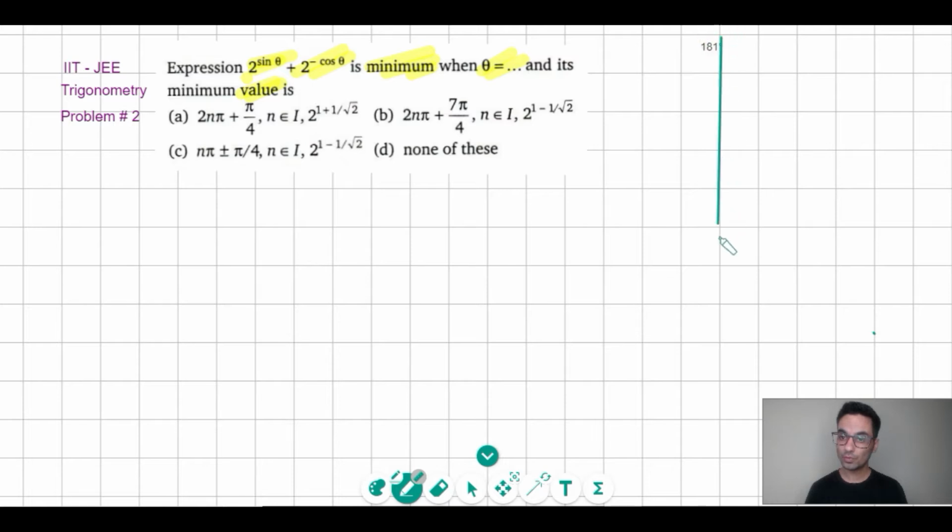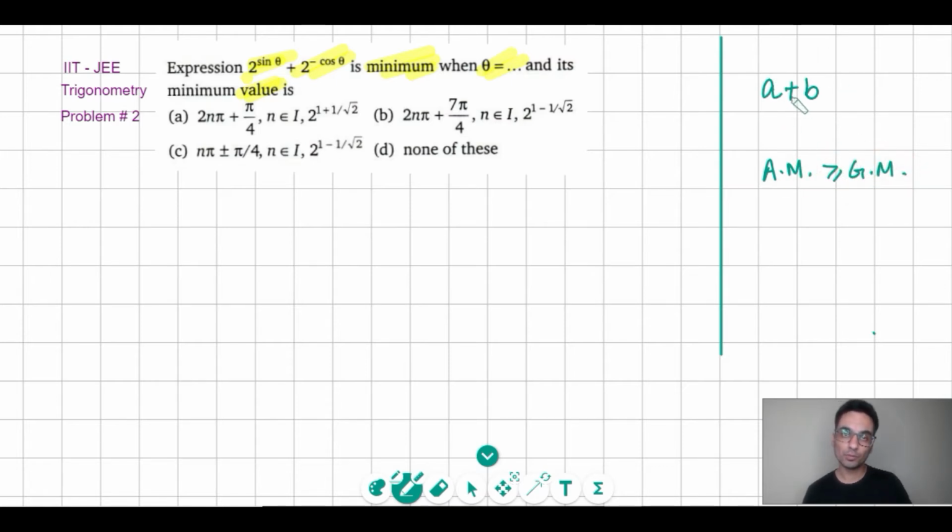So now let's write what we know. When we have two numbers and they are added, and we want to know the maximum or the minimum value of that sum, whenever you have such situations where you want to find the maximum or minimum value of a plus b, two positive numbers, you can always go to this formula: AM is greater than or equal to GM.